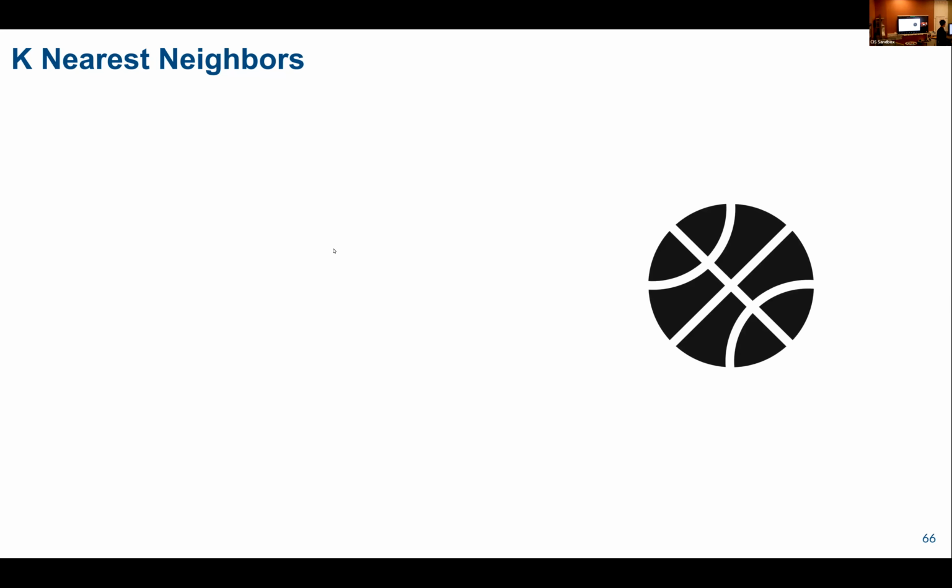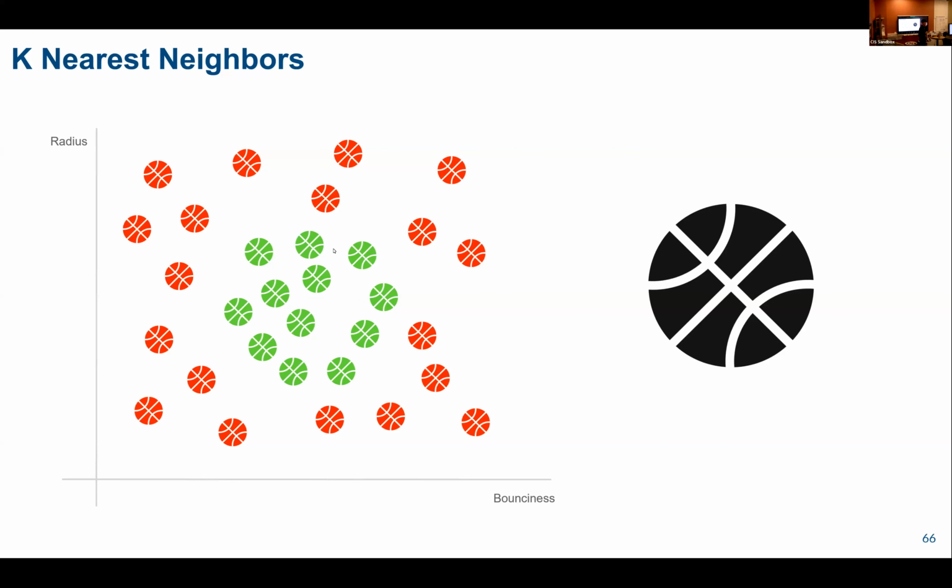Okay, so we can do k nearest neighbors with 1 dimension as we did there, so just the size. And we can also do it with something that's 2-dimensional. So for example, let's say this basketball is determined by its radius and its bounciness. Okay, I don't play basketball, I play volleyball, so I don't know if that makes for a good basketball, but let's just go with it, right?